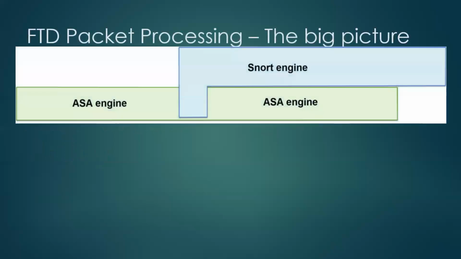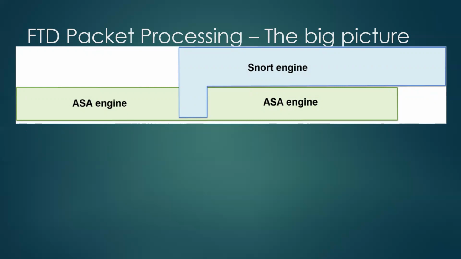All right. So as we know, the FTD, the secure firewall that we have, has two portions. One portion is the normal ASA, where it can do maybe L2 up to L3 level of checking.